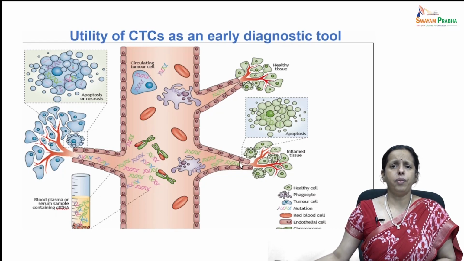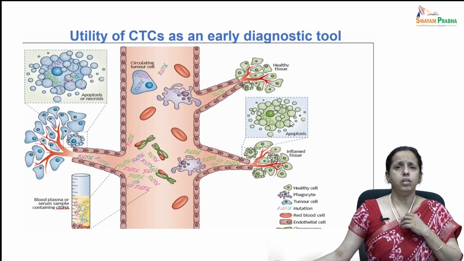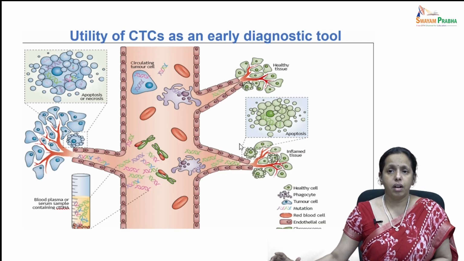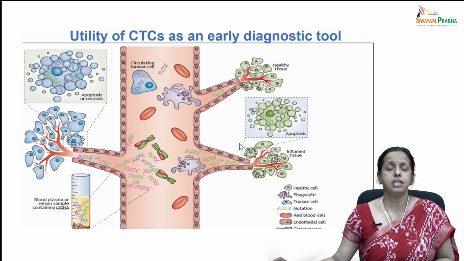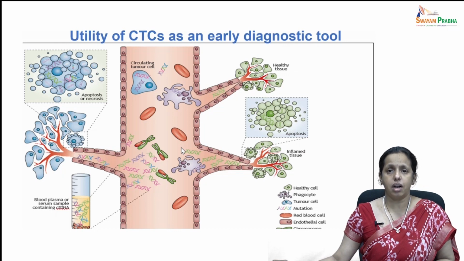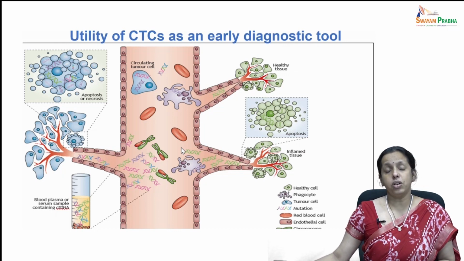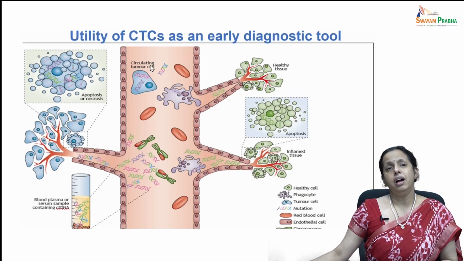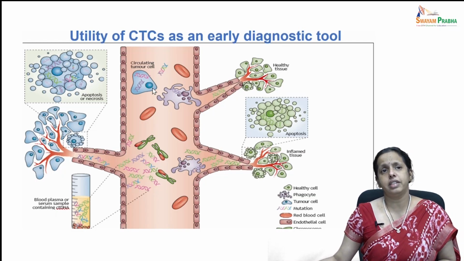It took a long while for researchers to identify the critical role of CTCs in cancer metastasis. Why did it take a long while? Because it's technically very difficult to extract your circulating tumor cells, CTCs.